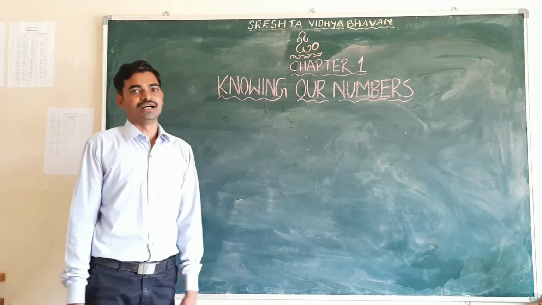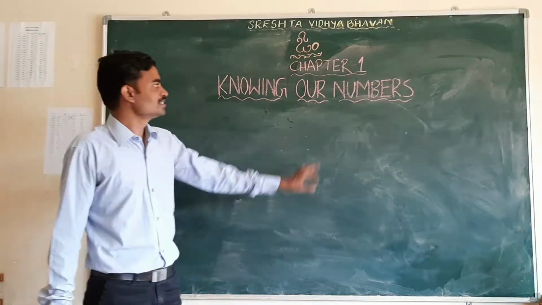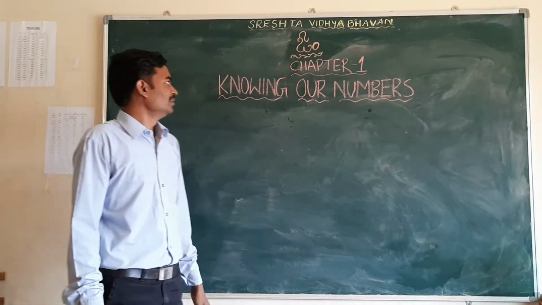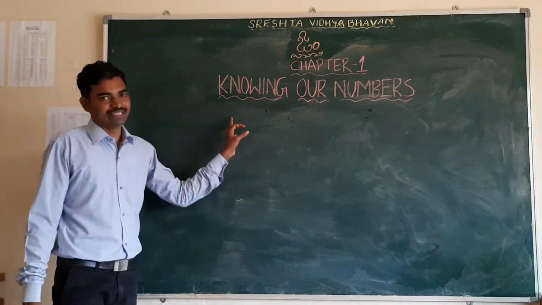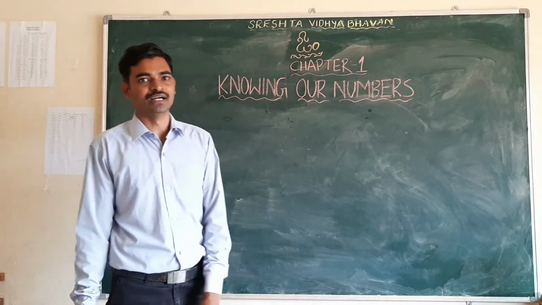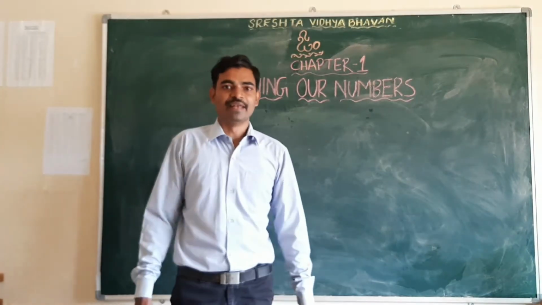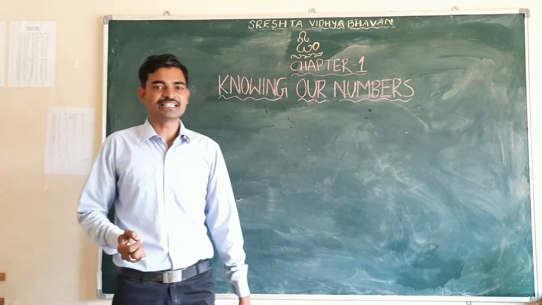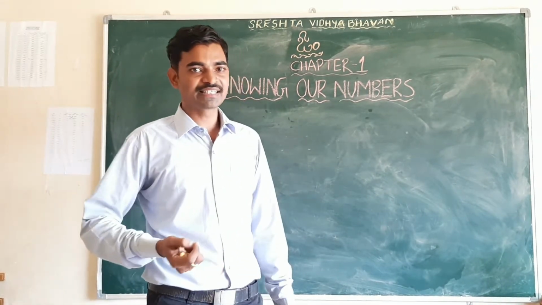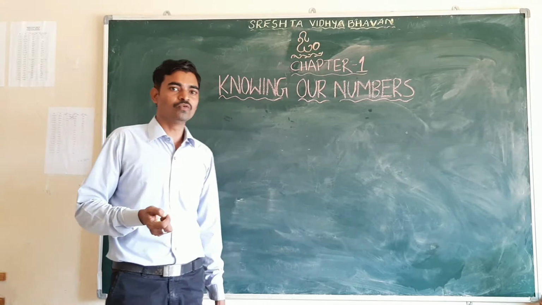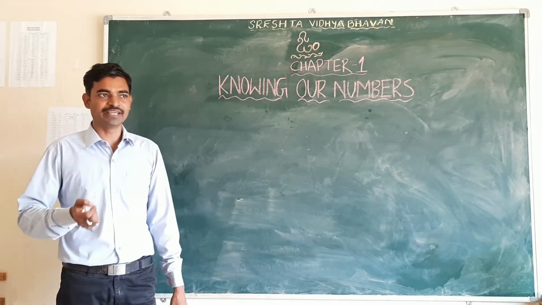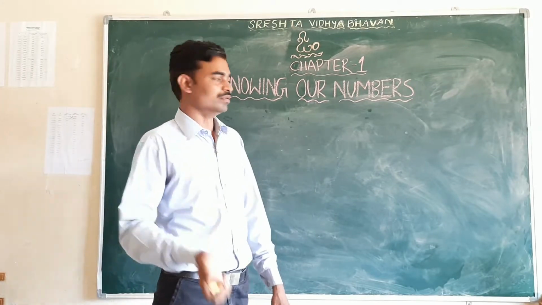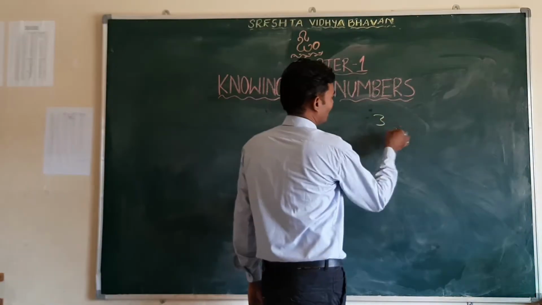In the previous class, we discussed chapter 1, Knowing Our Numbers. In this chapter, we discussed what numbers are, what natural numbers are, and comparing and estimating numbers. We already discussed comparing two numbers, for example 3 and 4.